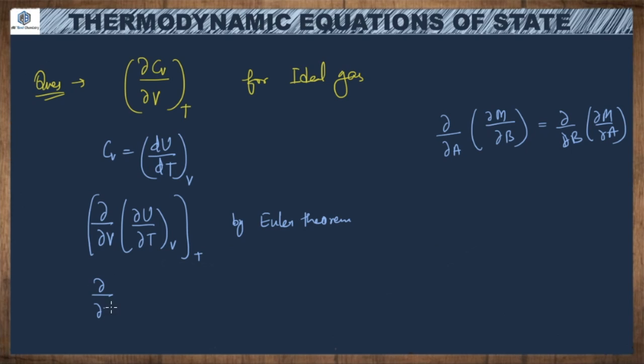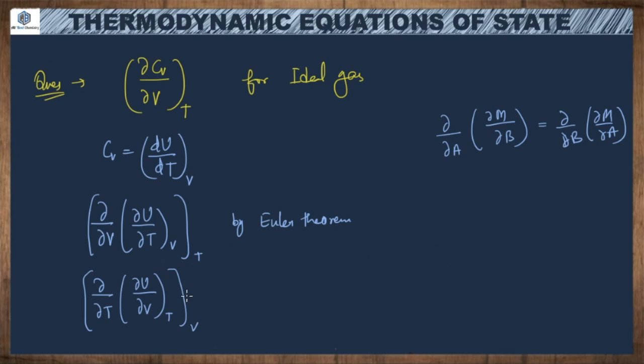So I'll get del by del T of del U by del V, and since it was V, you have to interchange that also. So at constant T, and outside it will be at constant V. So you have interchanged the constants and you have interchanged the differentials.